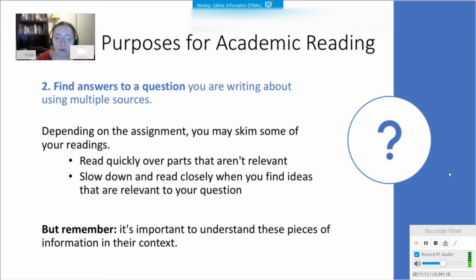Make sure, though, that when you take information from a source, you have at least a general understanding of what the author is trying to do in their text, so that you don't take an idea out of context and misrepresent the author in how they're using the idea. In other words, when you use multiple sources in a research paper, you should have a sense of the purpose and main idea of each source you're bringing in. Next slide, please.